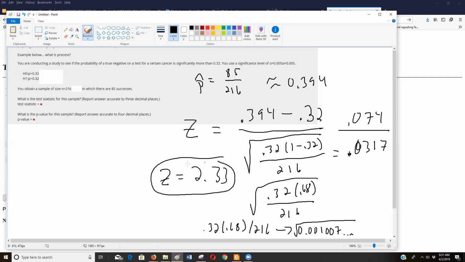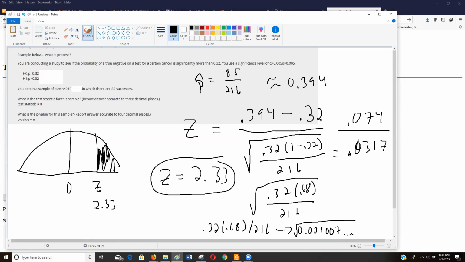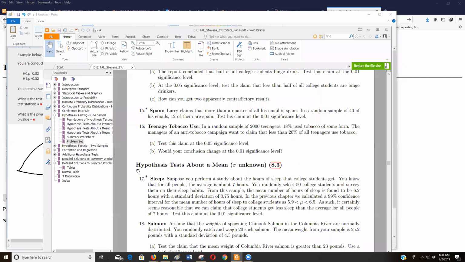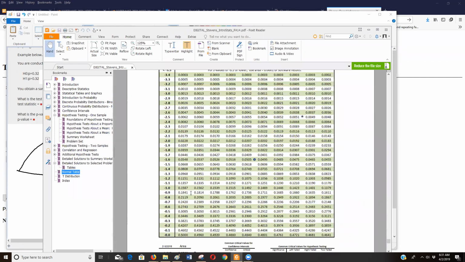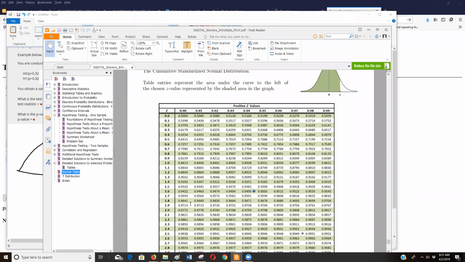All right, now if I want to find the p-value, I'm looking for the probability of getting a z-score of 2.33 or better. So I go to my normal curve table, and I'm looking at 2.33.